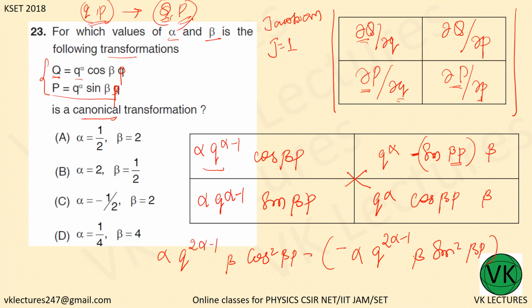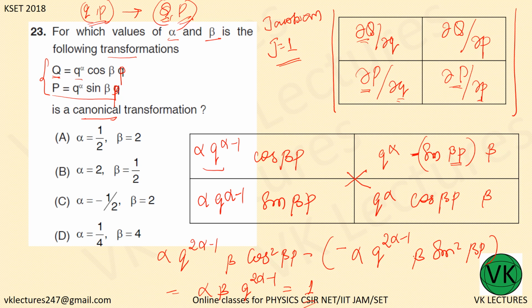Now that is equal to alpha beta into q power 2 alpha minus 1. This must be equal to 1, since the Jacobian must be equal to 1.